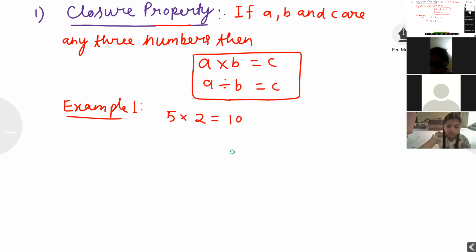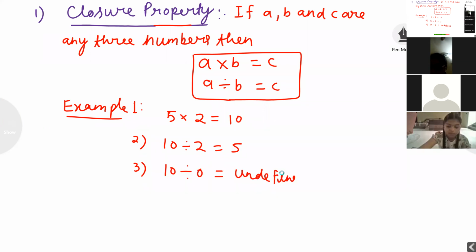Third example, 10 divided by 0 is equal to undefined. Any number divided by 0 is undefined.